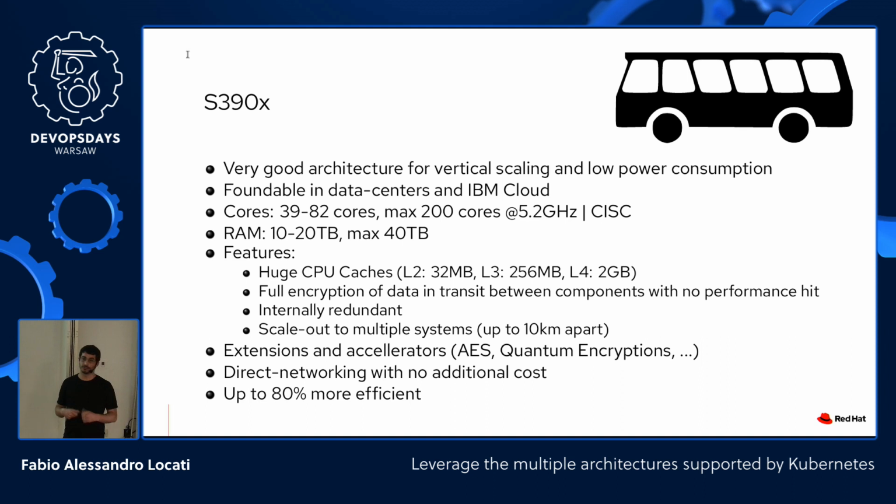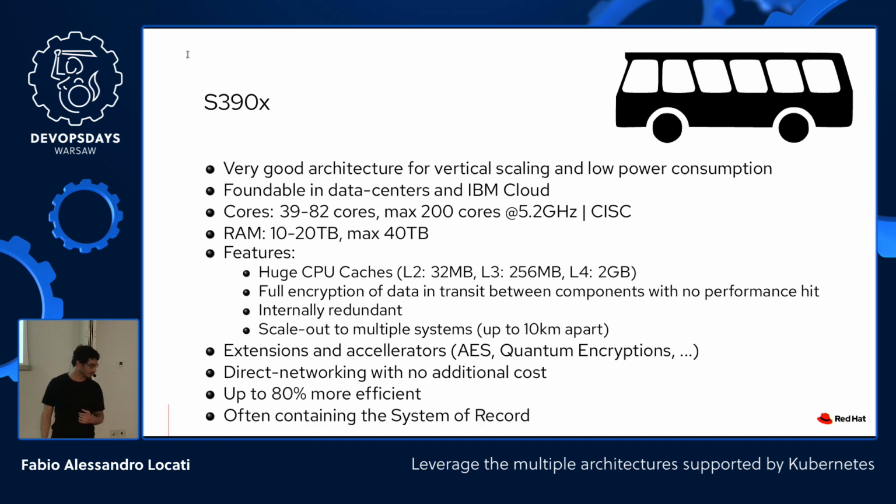And IBM claims, let's put it this way, up to 80% more efficiency at the same amount of operations. Now, this claim of IBM comes from a study that they did with their customers, so probably it is correct, but I mean, this is what the vendor claims.